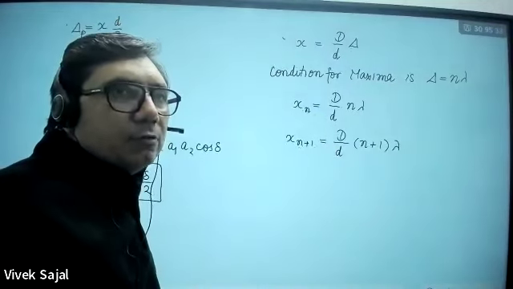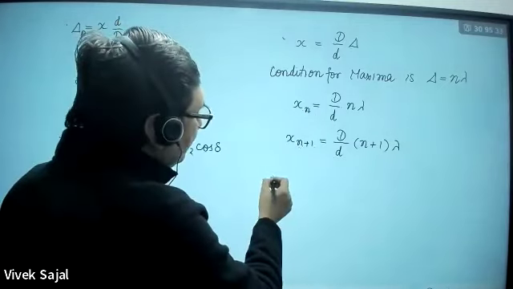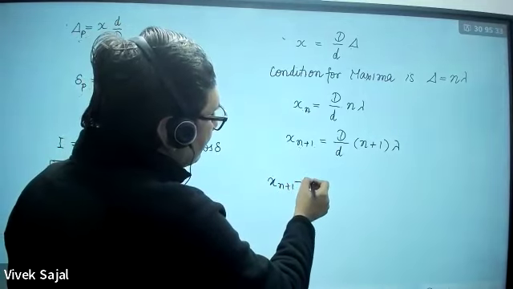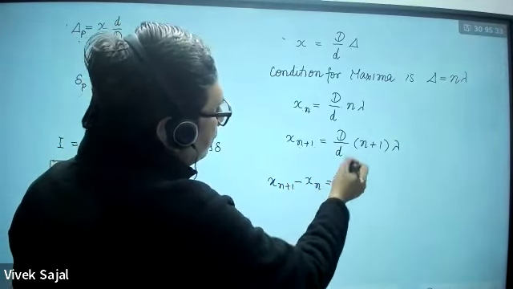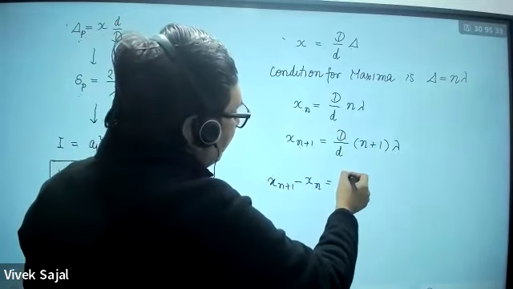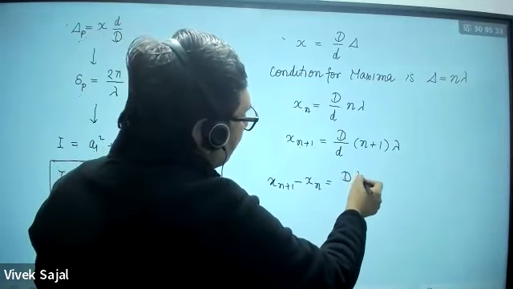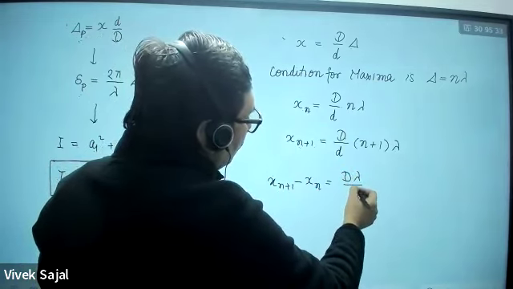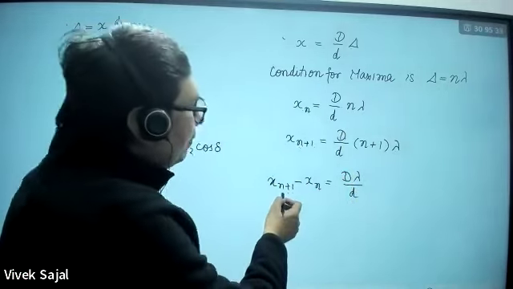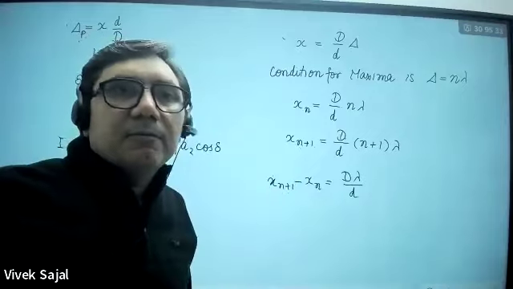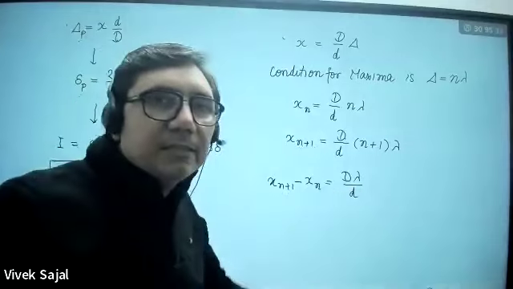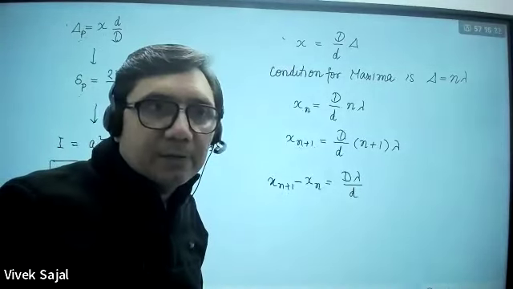That will be x n plus 1 minus x n. So this term will cancel out, and what you are going to have is D lambda upon small d. This is the separation between the nth and n plus 1th interference maxima.